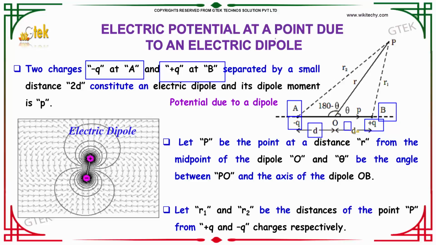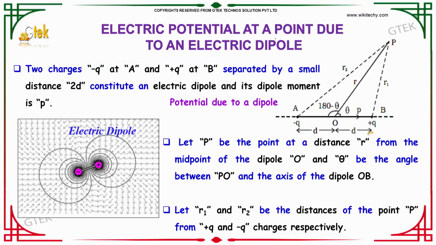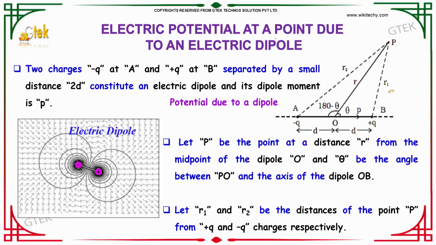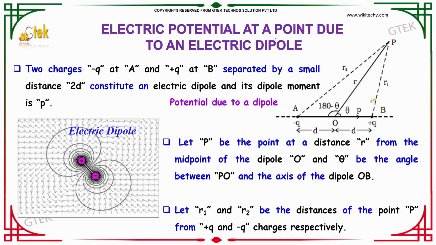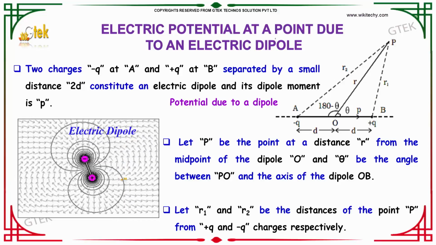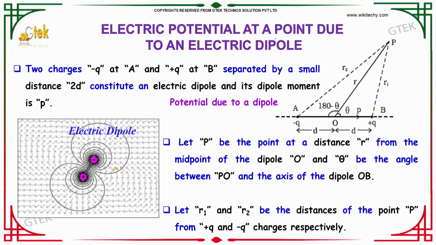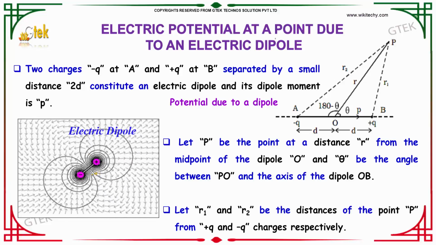Here you can see the distance between the two charges at points A and B, which constitute an electric dipole and its dipole moment. So this is indicating the potential due to a dipole. You can parallelly see how the electric dipole is having its impact around the electric field over here.